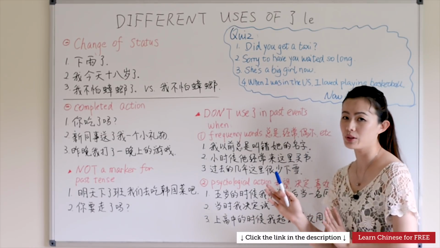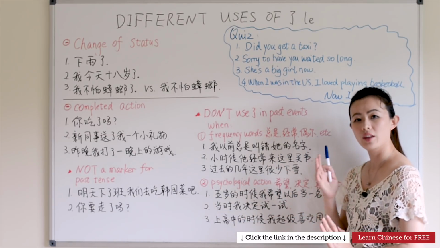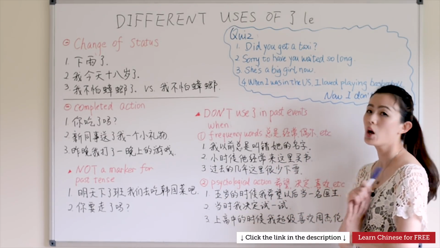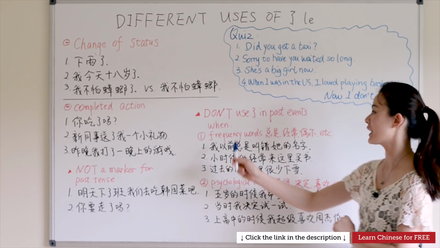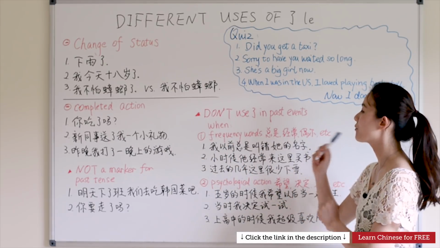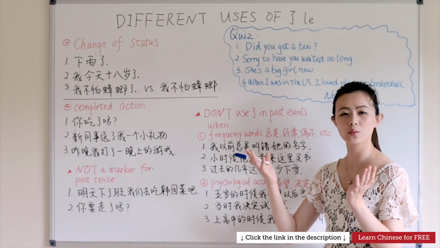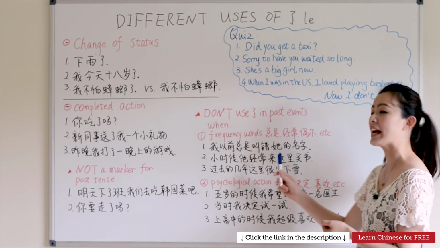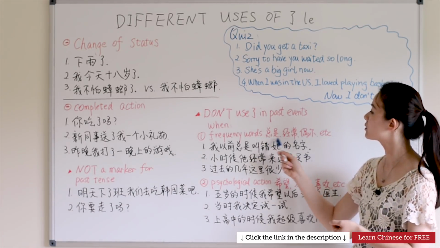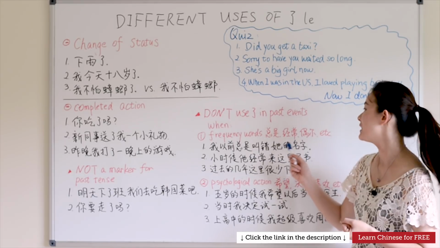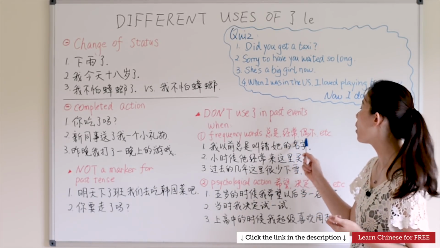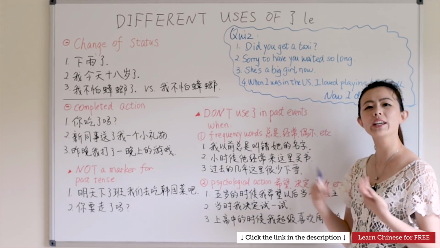You don't have to use 了 all the time. There are cases where we don't want to use 了, like in here. The first case is when you see frequency words about time, such as 总是 always, 经常 often, 偶尔 occasionally.